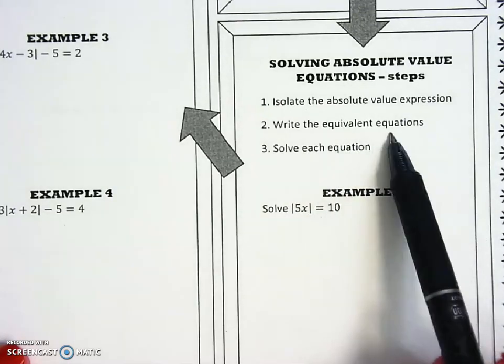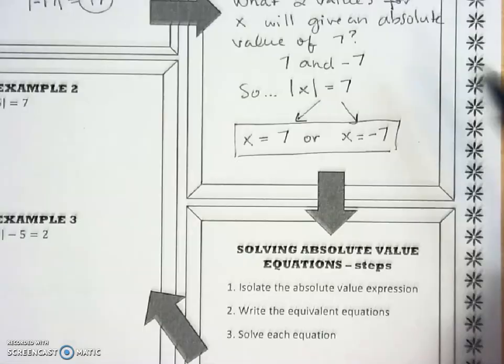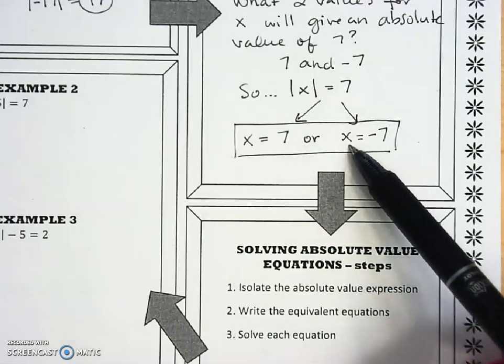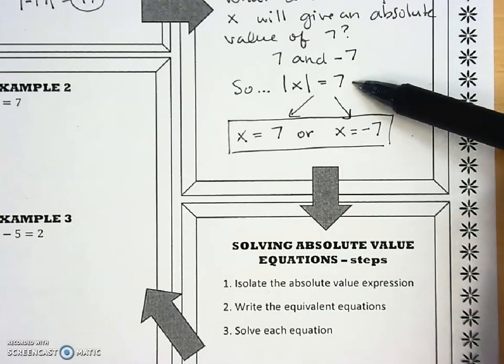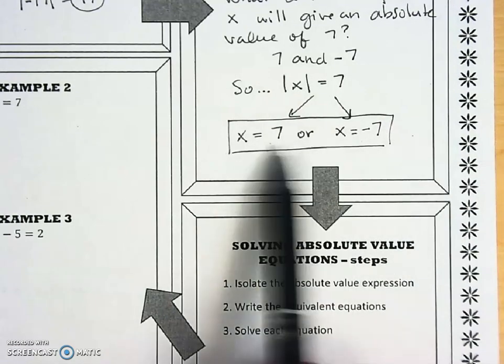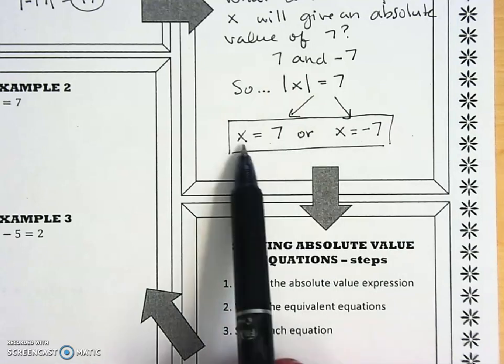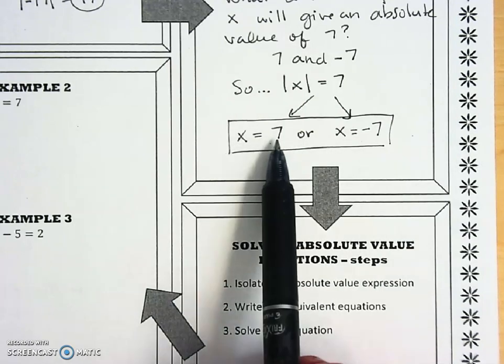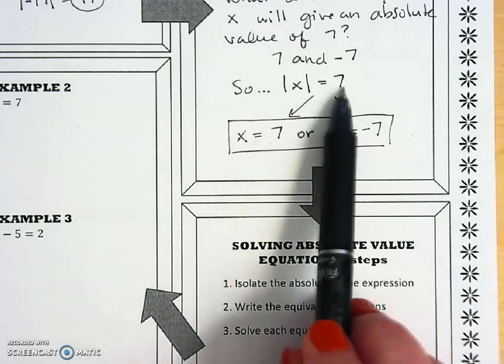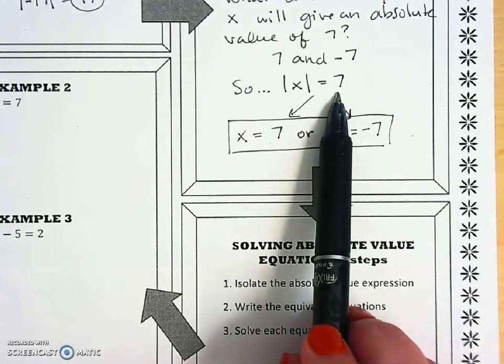Step 2, write the equivalent equations. What do I mean by that? We had this one equation, and then we wrote these two equivalent equations. We took the stuff inside and set it equal to the positive version of this number and the negative version of that number.